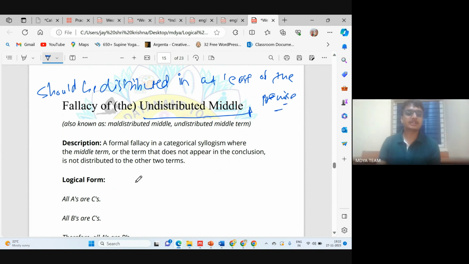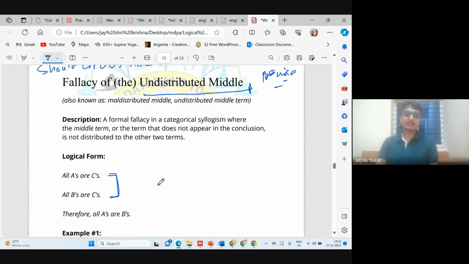The middle term is present in both the premises, so it should be distributed in at least one of them. If the middle term is undistributed in both the premises, then it is called the fallacy of undistributed middle.